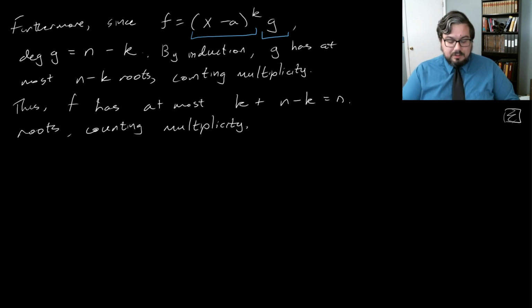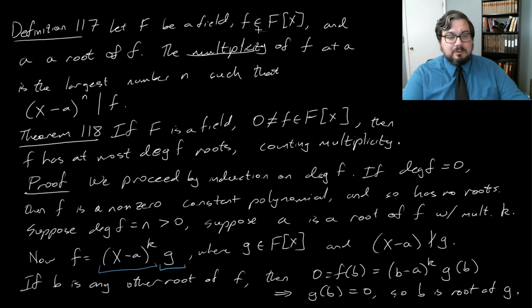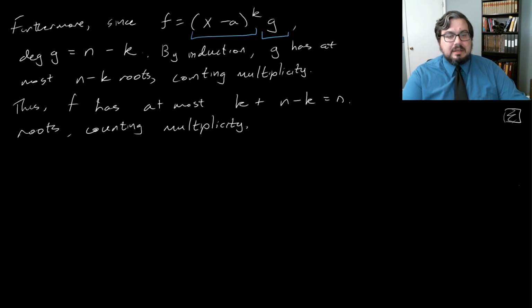Now, one of the hypotheses of this result was that we were working over a field. The same thing happens to be true when you're working in a polynomial ring over some set that's contained in a field.